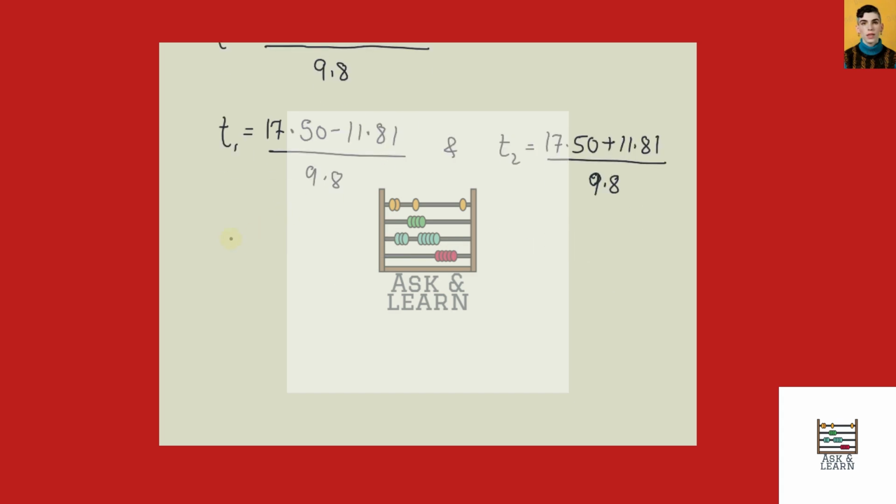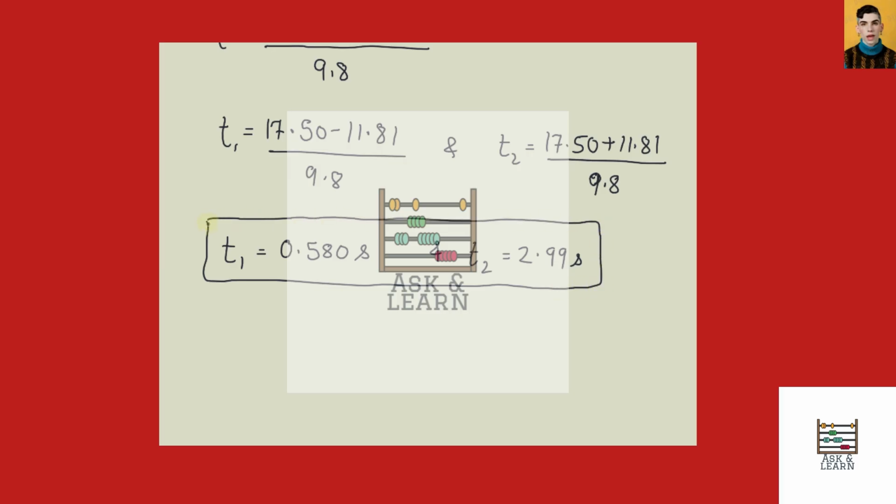If we now solve this, T1 will be equal to 0.580 seconds and T2 will be equal to 2.99 seconds, or we can write it as 3 seconds. So these are the two times when the ball will be at a height of 8.5 meters. I hope you find the solution useful. Thank you.